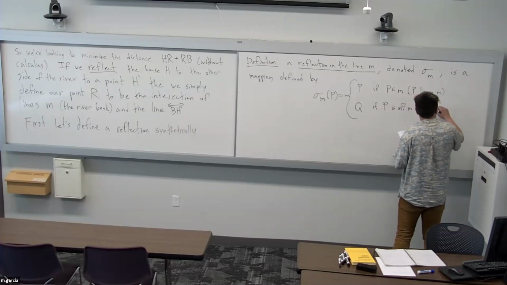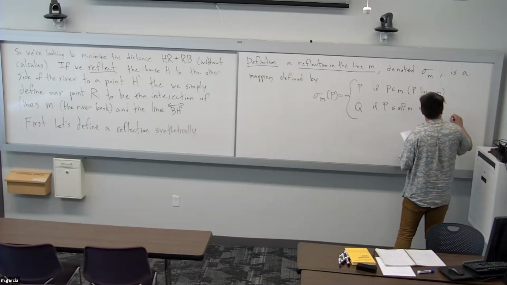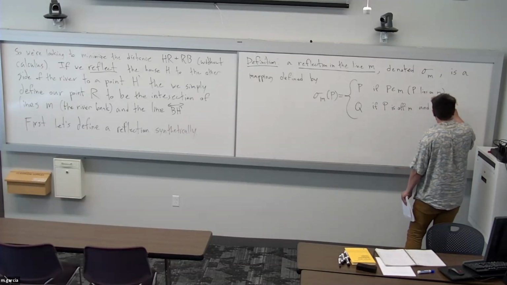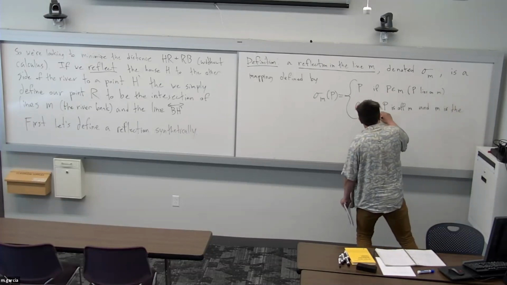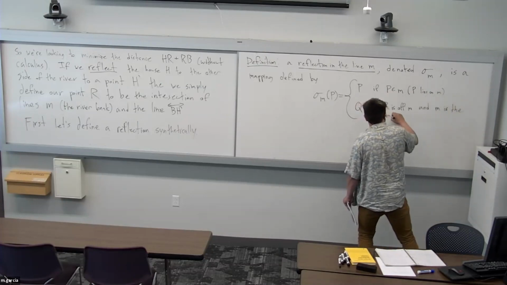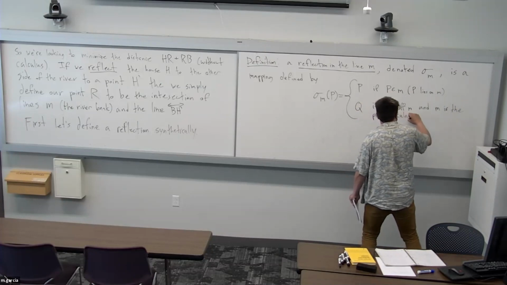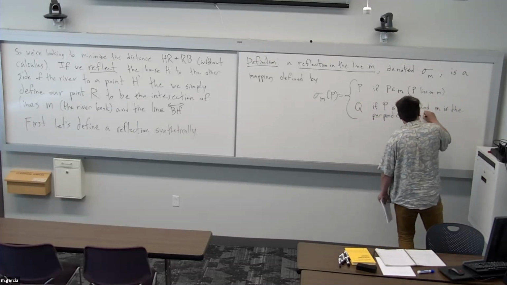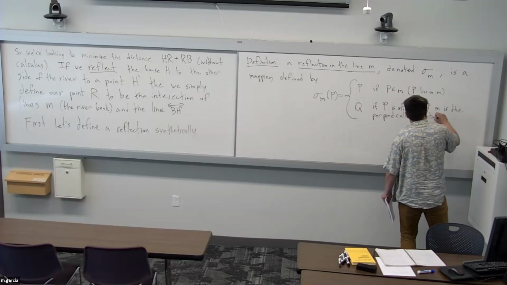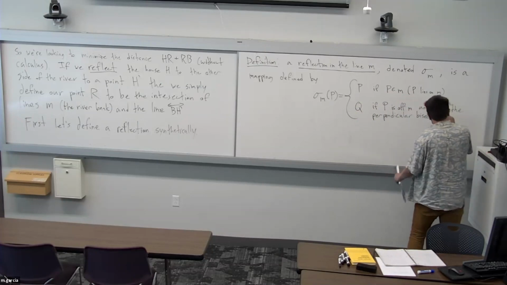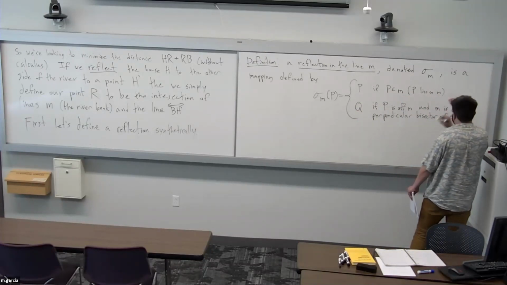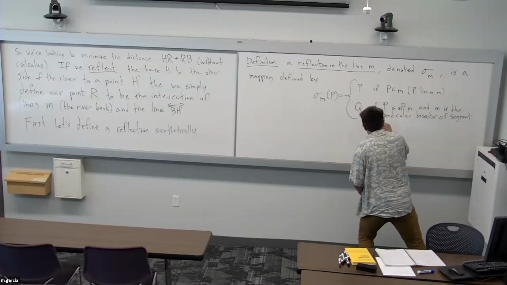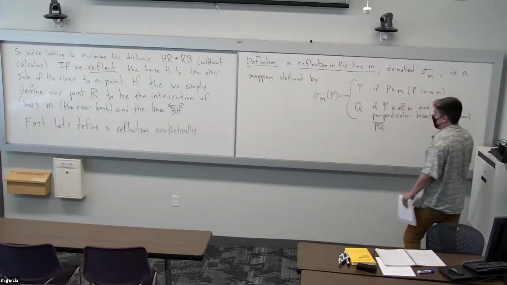and M, the line in question, is the perpendicular bisector of the line segment PQ.